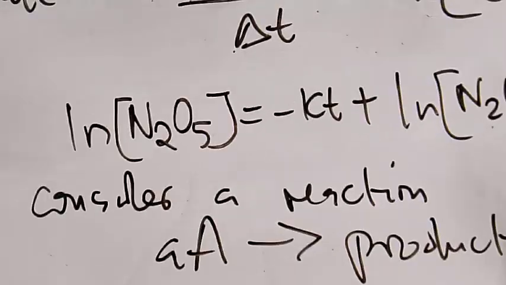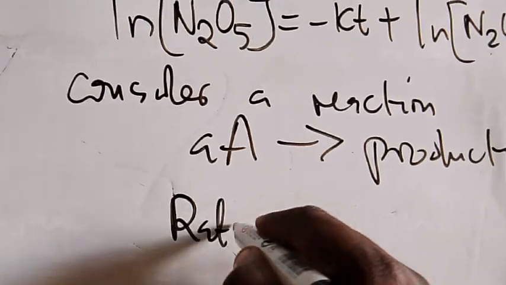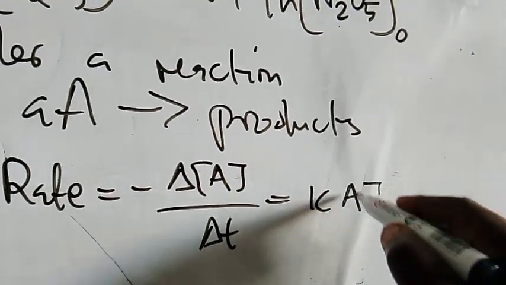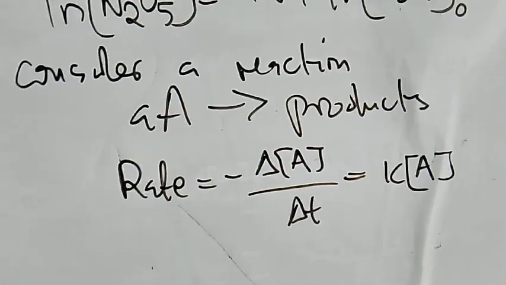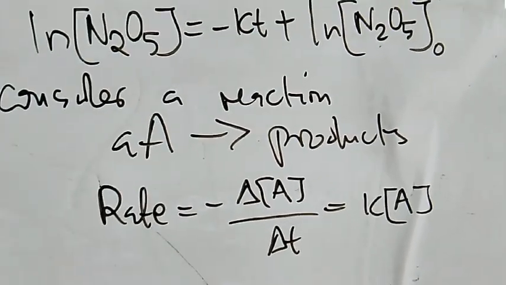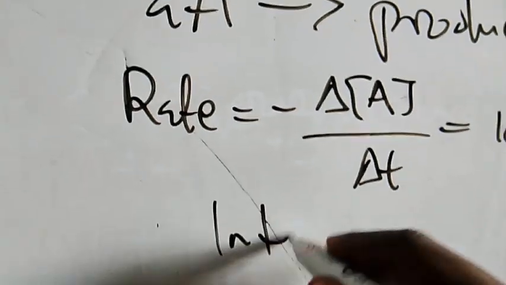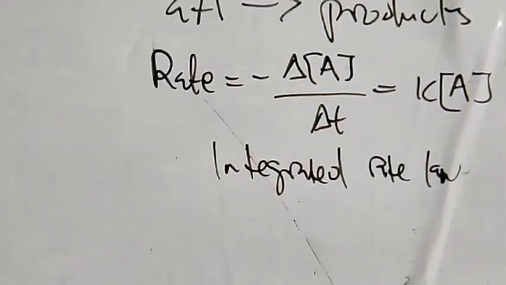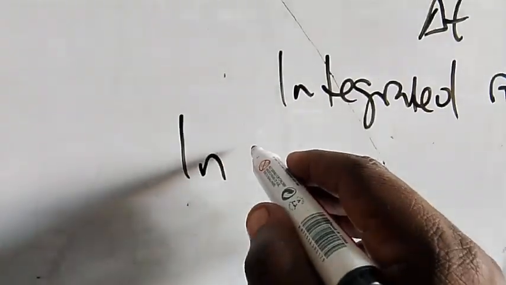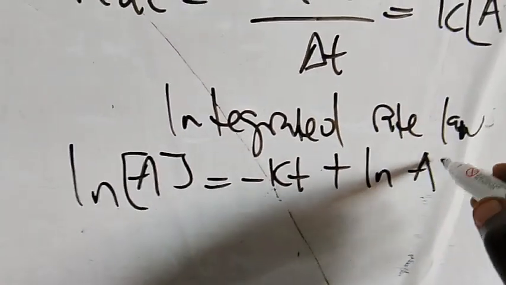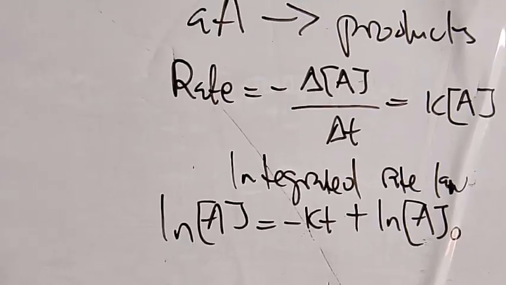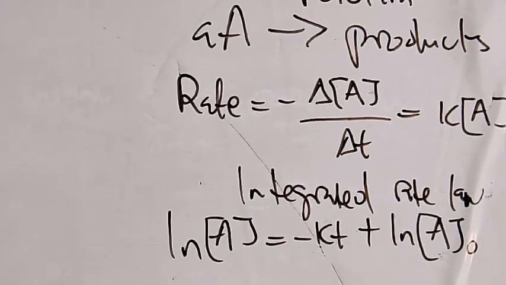The rate of this reaction is equal to negative delta A over delta T, which is equal to k times the concentration of A. Then the integrated rate law would be ln A is equal to negative kt plus ln A initial.